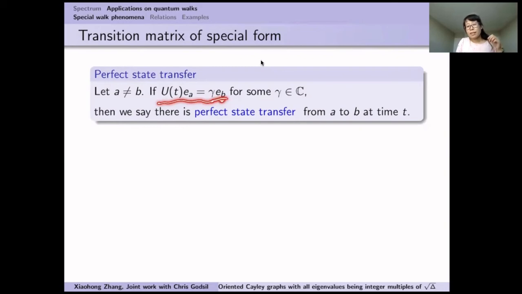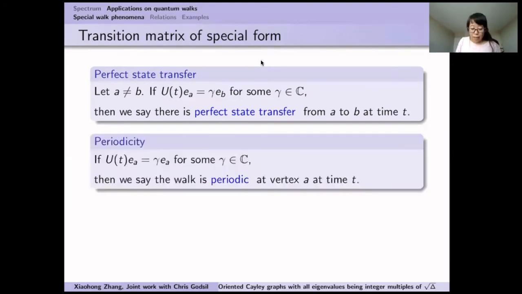If this non-zero entry is not on the diagonal, we say there is a perfect state transfer. It just means the information is transferred perfectly from A to B. If this only non-zero entry is on the diagonal, we say the walk is periodic at this vertex A. So non-zero entries are very sparse, the most sparse possible.